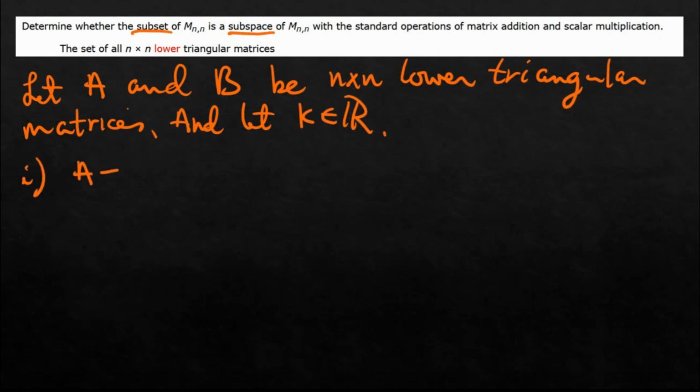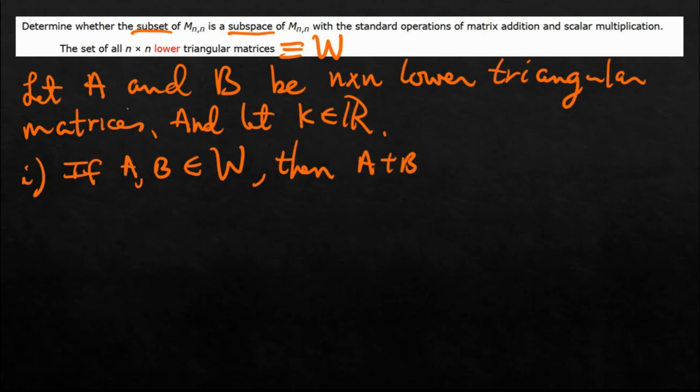So here the sum A plus B, and if we call this subset W, then we say here if A and B are in W, then A plus B is also in W. In words, all we're saying is that if I add two lower triangular matrices, their sum is also lower triangular.